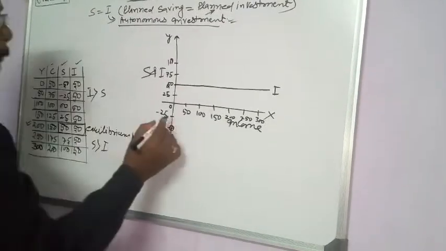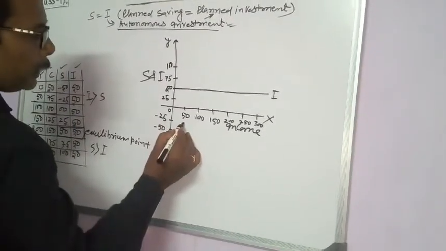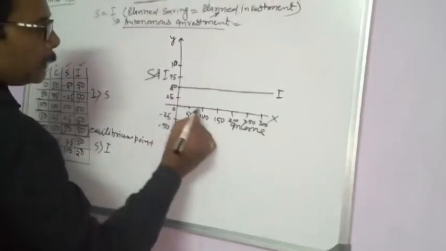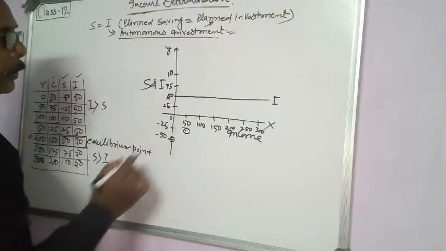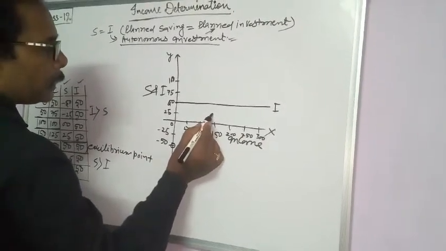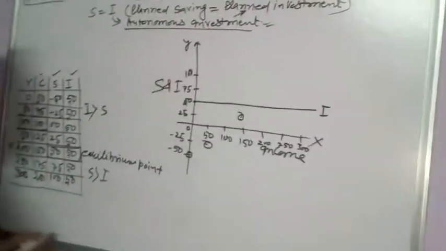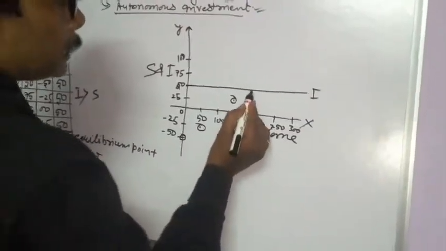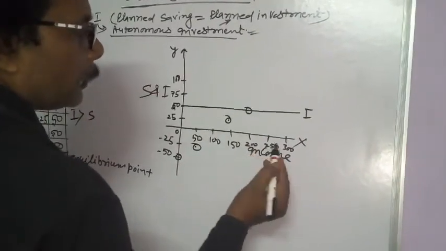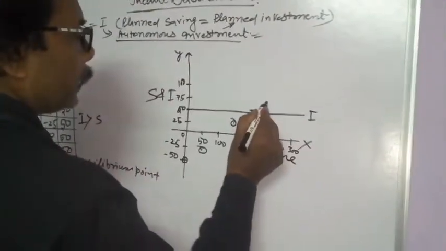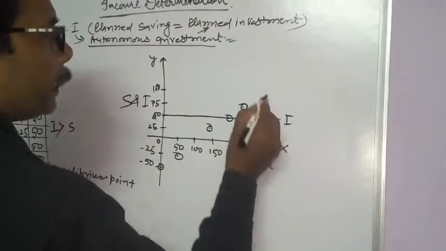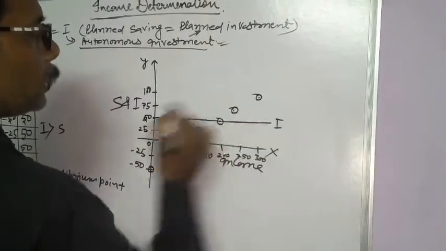When the income is 50, our saving is minus 25. When our income is 100, the saving is 0. When our income is 150, our saving is 25. When our income is 200, saving is 50. When income is 250, the saving is 75. When income is 300, the saving is, suppose, 100.